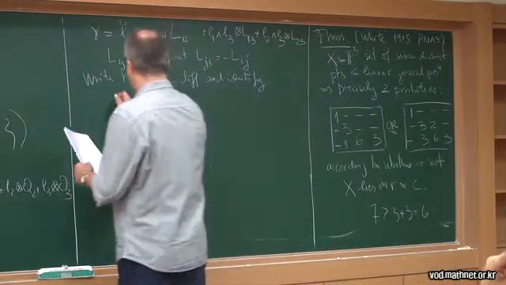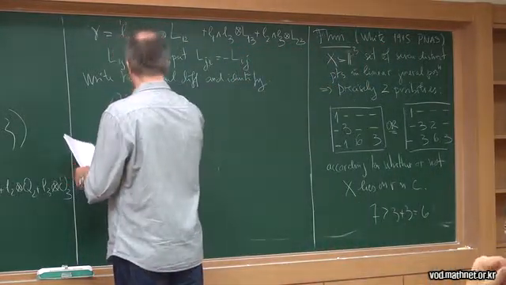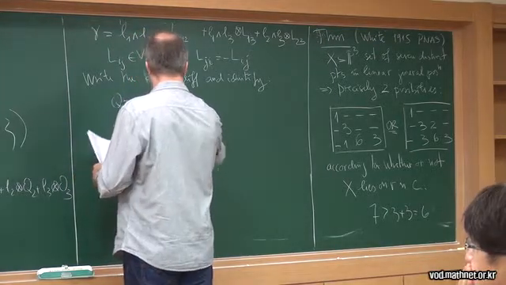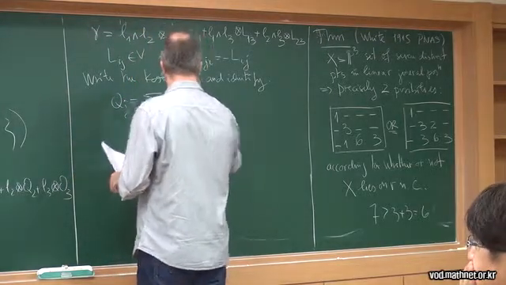What we get is that Qj equals the sum over i of small li times capital Lij.